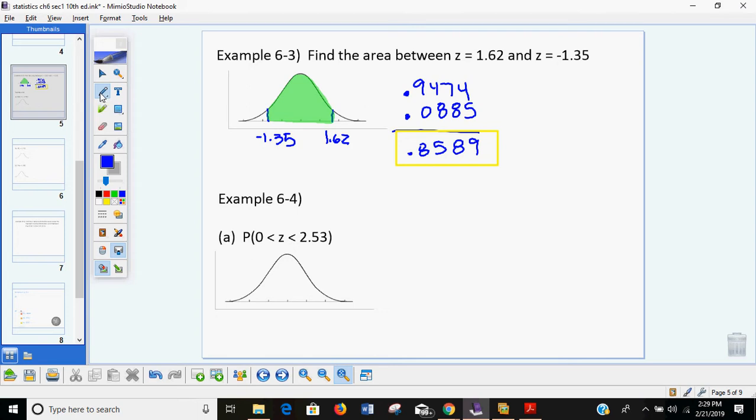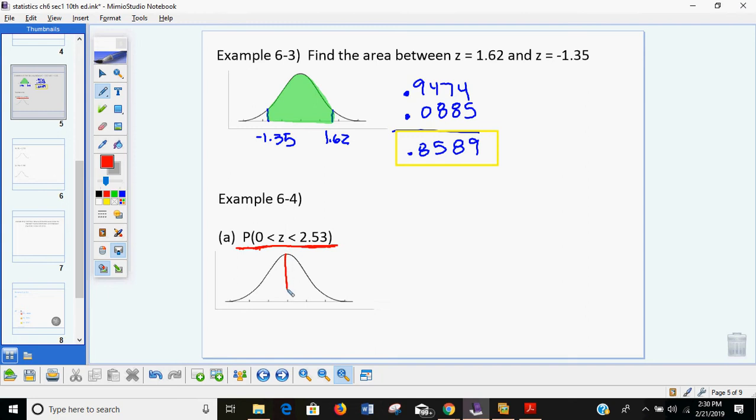Now, example 6, part A is asking the same thing, but in a different way. This one asks it as a probability. They say, what's the probability that Z lies between 0 and 2.53? Z's in the middle, so I'm going to draw the same type of picture.